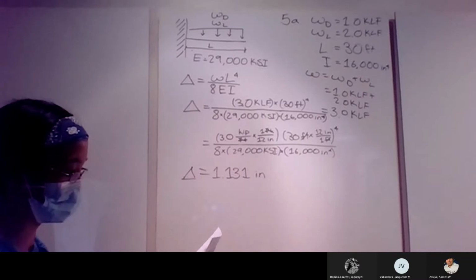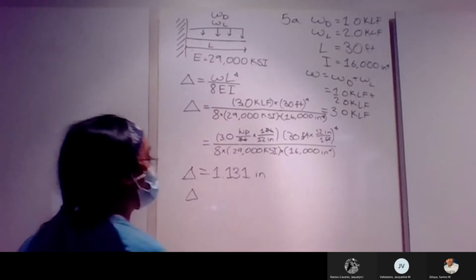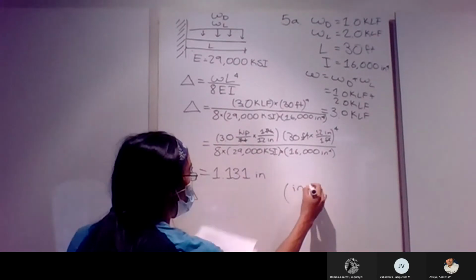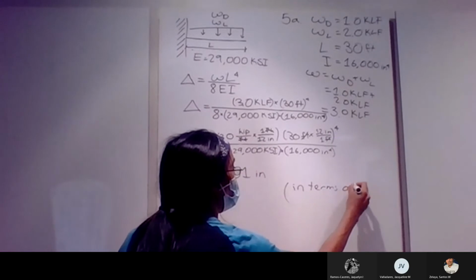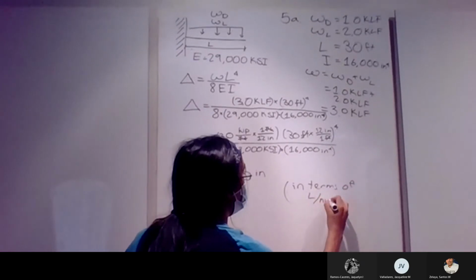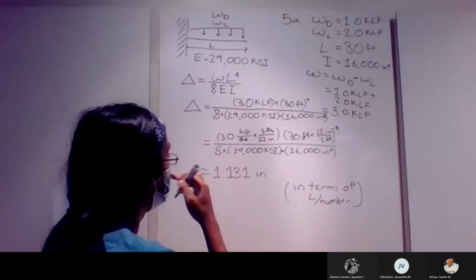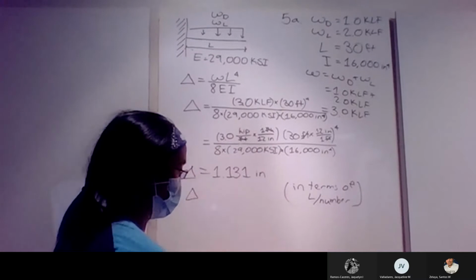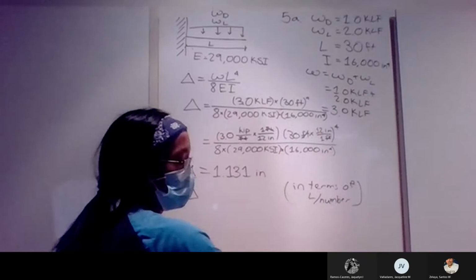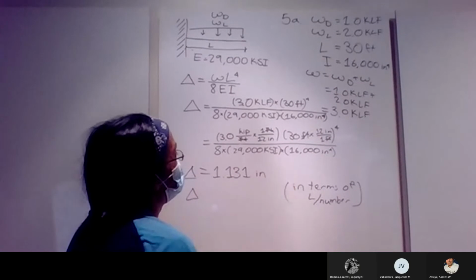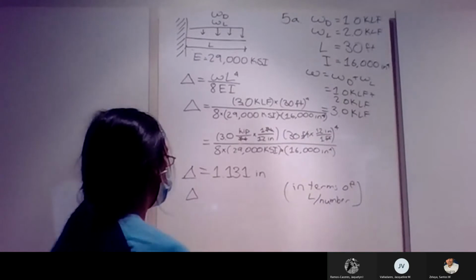All right. So now we also have another deflection, and this is what she wrote in parentheses, in terms of L over the number. So I think she just wants us to take L, which is 30 feet, but we already converted that to 360 inches.